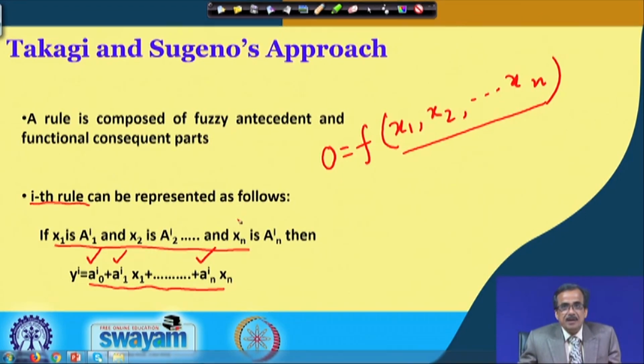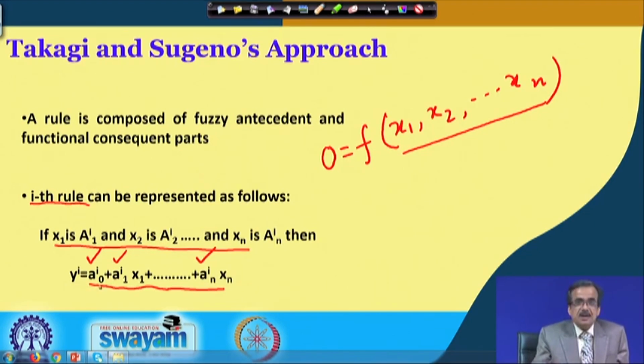How to determine that? We take the help of some optimization tool and some available data. So we try to find out what should be the numerical values of these coefficients. Generally we use an optimization tool known as the least square technique, to find out the values for the coefficients.